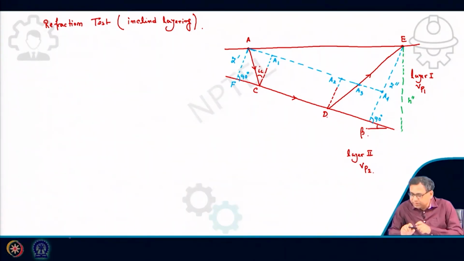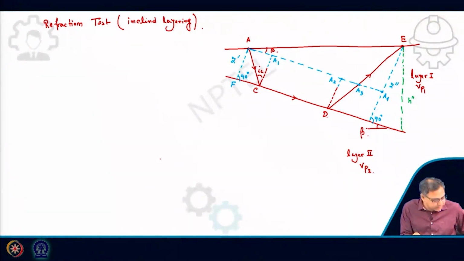So now if I complete this, this is beta, so obviously this one will also be beta because this is parallel. Then this is IC, this one is IC, this one is also IC.